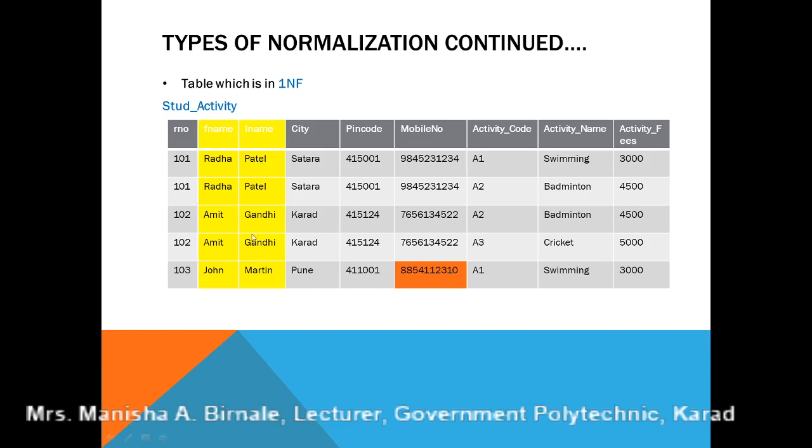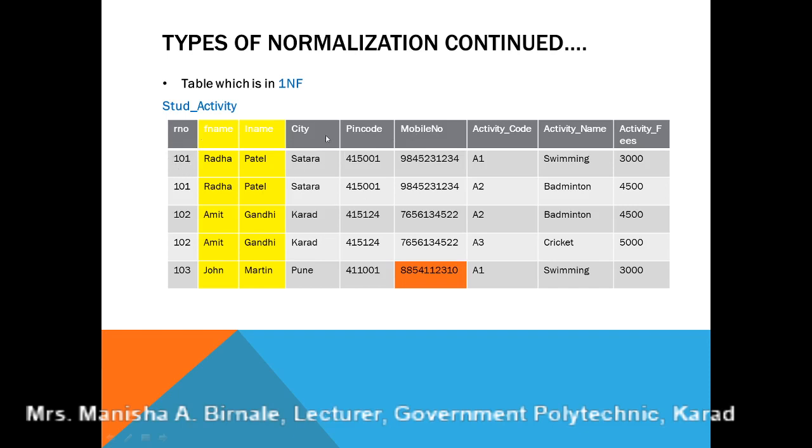Similarly, last name is also dependent on roll number. If roll number is 102, last name is Gandhi. Here also in this record, if roll number is 102, last name is Gandhi. So first name, last name, city, pin code, mobile number are dependent on the attribute roll number.